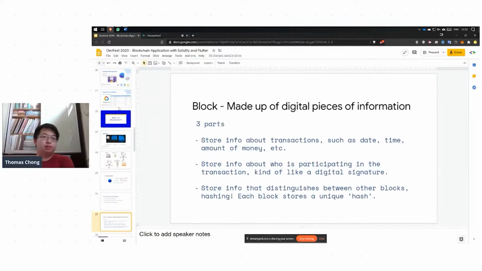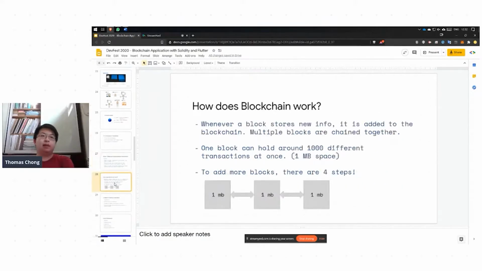And also some information that distinguishes it from other blocks, the hash. Each block has a unique hash. Hashing is not able to be reversed to get the raw data, and therefore once you do the hash, it is irreversible.